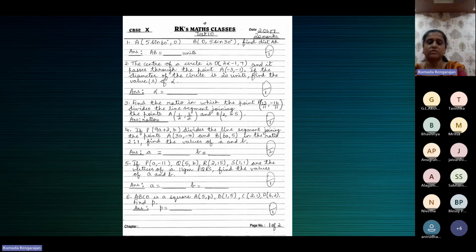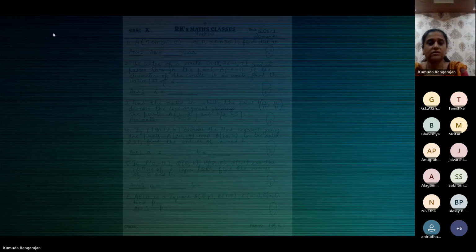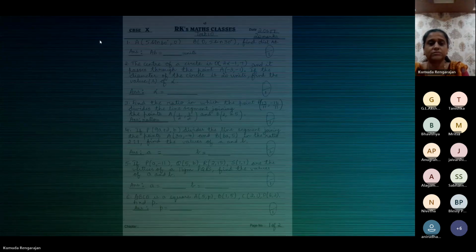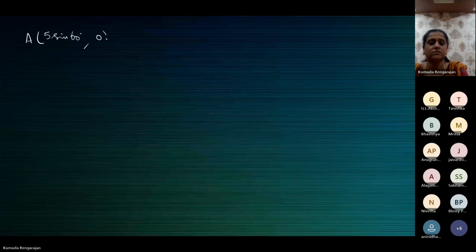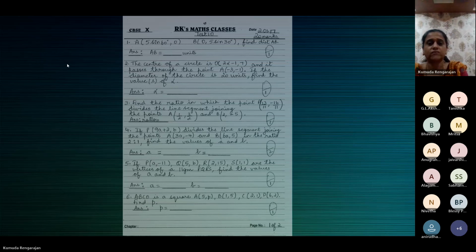So you can substitute the 1 by 2. So A is (5 sine 30, 5 sine 60), comma 0. B is 0, comma 5 sine 30.